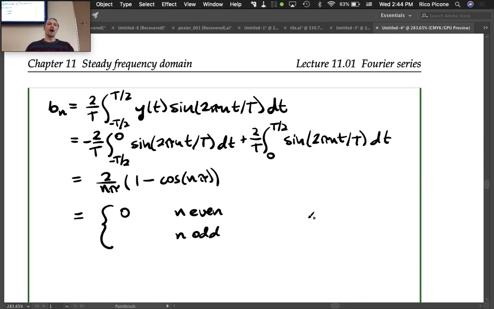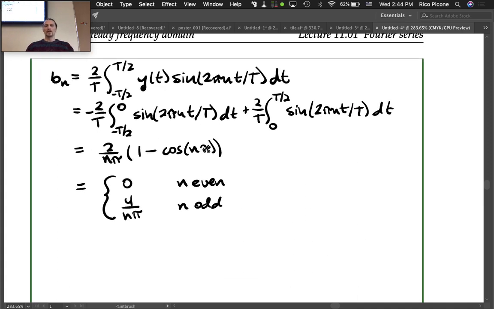And if n is odd, then cosine of pi is negative 1, right? So we get 1 minus negative 1, or 1 plus 1, 2 times 2 is 4 over n pi. And that's true also for 3 pi, 5 pi, all of the odd ones. So that is our Bn.